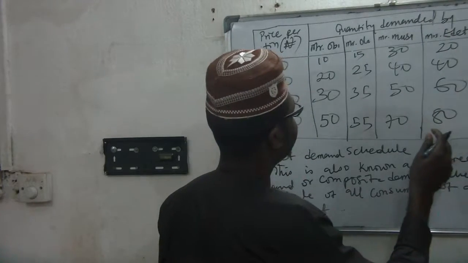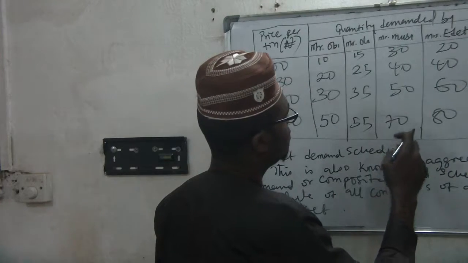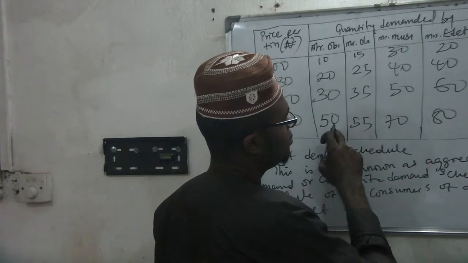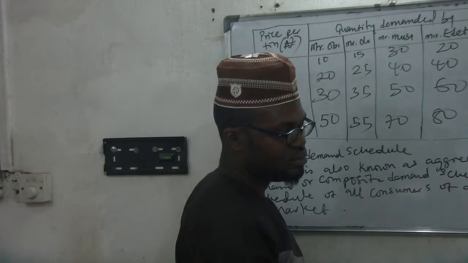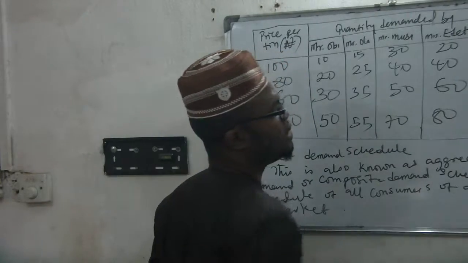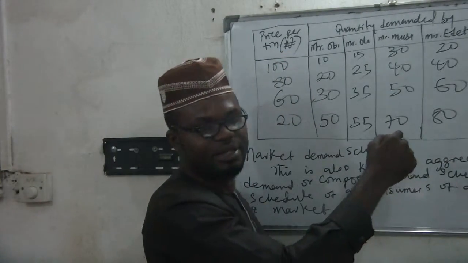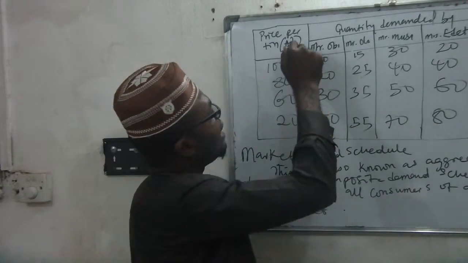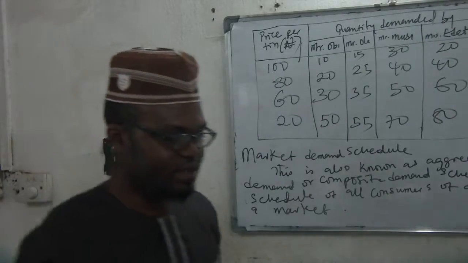What's the total here? 255. Okay, that's by your calculation. But that's how you get the total, by adding up the demands, so that you can have your price against the quantity demanded, just like you had in the first one.